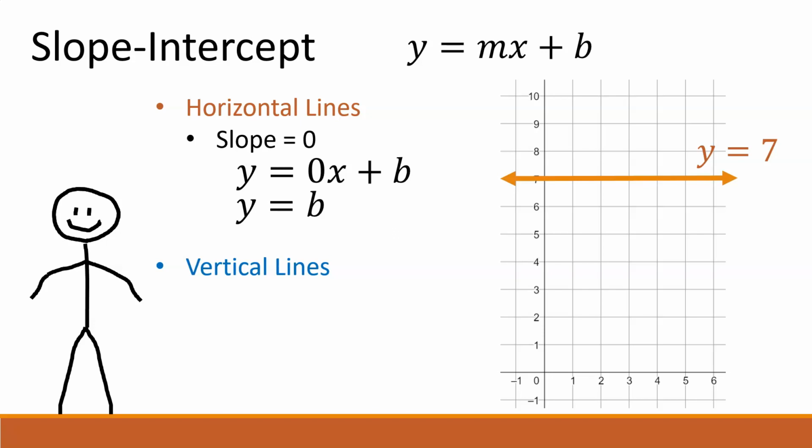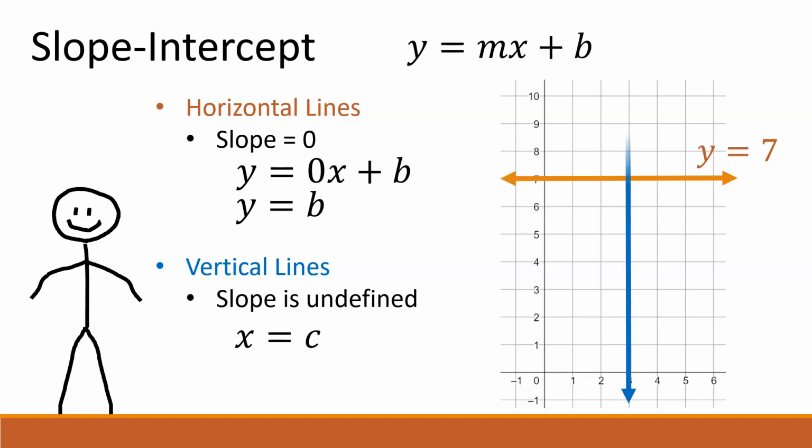The other kind of line we need to think about is a vertical line. Vertical lines have an undefined slope, and that makes slope-intercept form a little tricky because we don't actually have a number to substitute for the m. Vertical lines have an equation of x equals some constant, and that constant is the same as the x-intercept of the line.